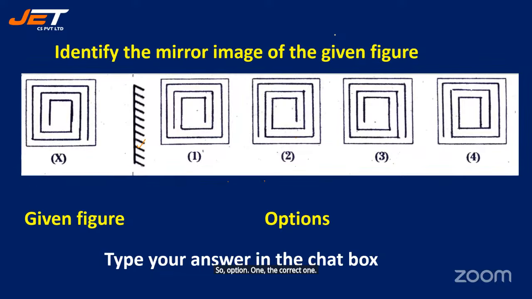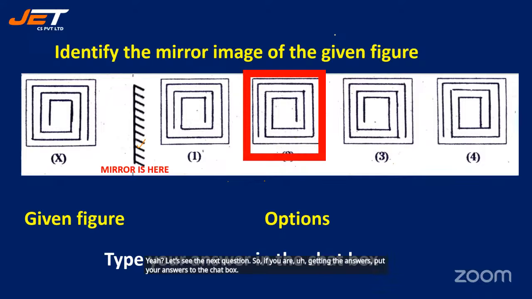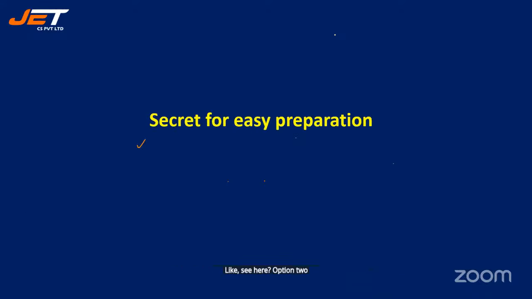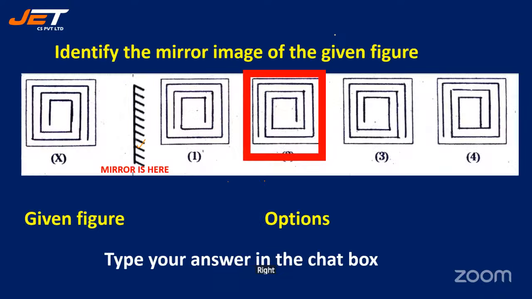Okay. Right. See the next question. So if you are getting the answers, put your answers in the chat box. Right. See here. Option 2 is the mirror image. Right. So how do you choose this? One line has been increased when compared to the first one and the second one.